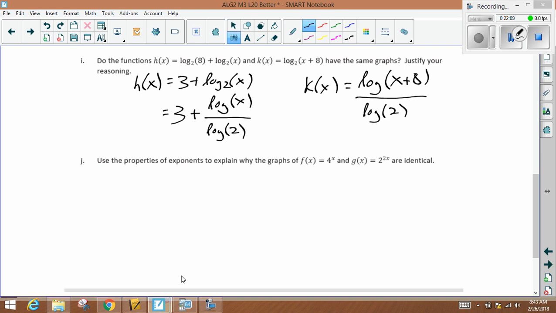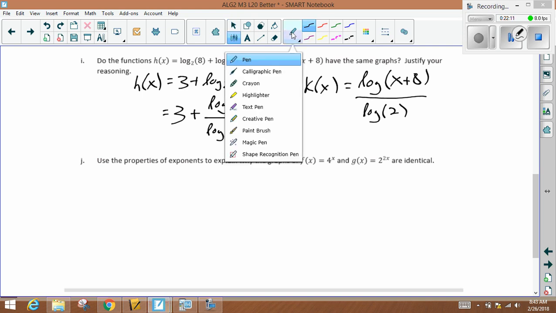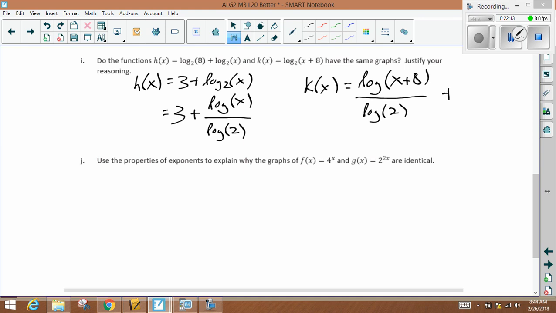So let's talk about what happened, okay? Because we have a plus 0 here now, right? It shifted it back, right? So if we're going this direction, from h of x to k of x, this put us back, right?